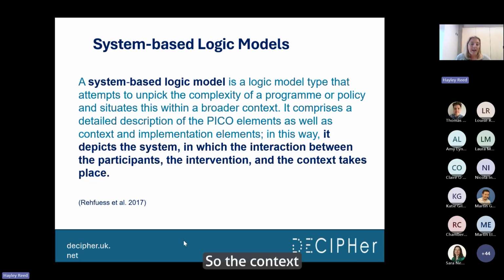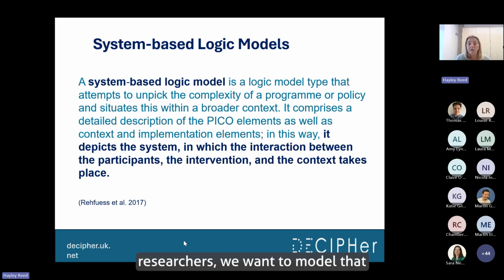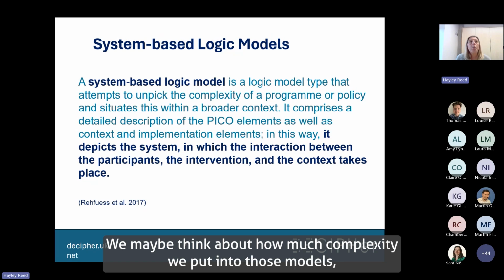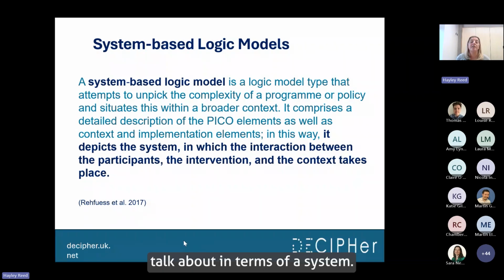So the context and what is already happening in the system can be really important. And sometimes as researchers, we want to model that in our logic models. We maybe think about how much complexity we put into those models, because it could be infinite in terms of all the things you could talk about in a system.